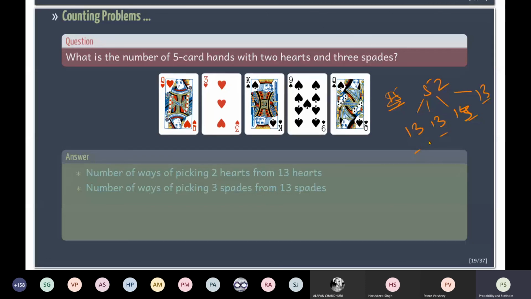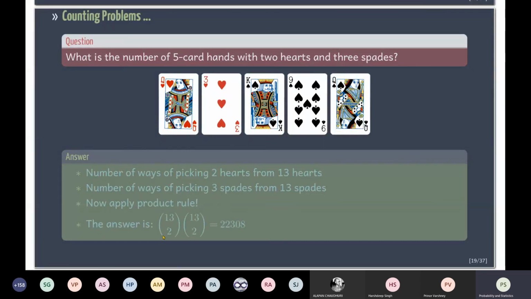So you are picking 2 hearts from 13 hearts, and 3 spades from 13 spades. So what will be the answer? Again, you will apply the product rule. It's 13 choose 2 times 13 choose 3. Now apply the product rule. So 13 times 2, oh, I made a mistake here.